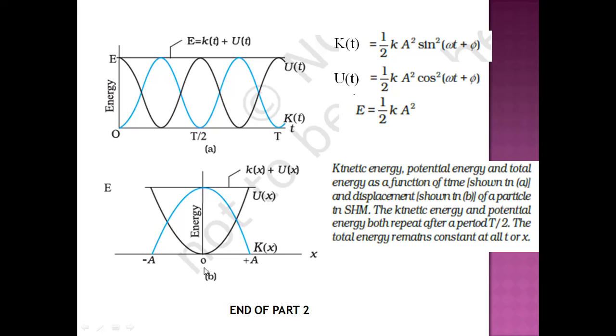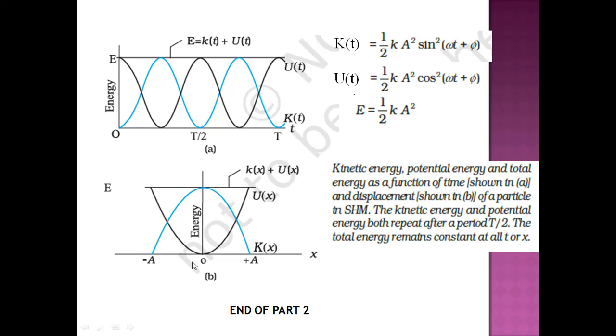So that much is one oscillation. I repeat, the oscillating particle starts from x equal to 0, goes to plus A on the right side, comes to the center at 0, then goes to minus A and then comes back to 0. The blue line represents the kinetic energy as a function of displacement.